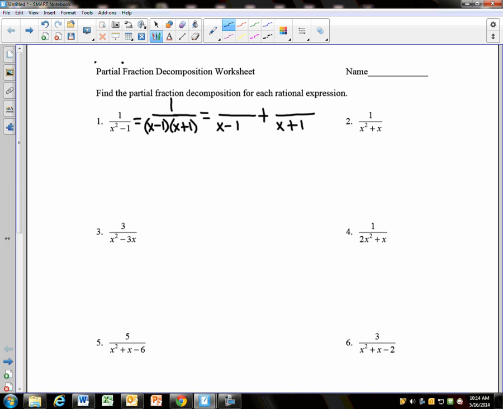Would you agree that maybe when you took the two original fractions and added them together, that's what you had? Doesn't seem reasonable, right? And what happened is you had some number on top of here. It's some number A, it's some number B.